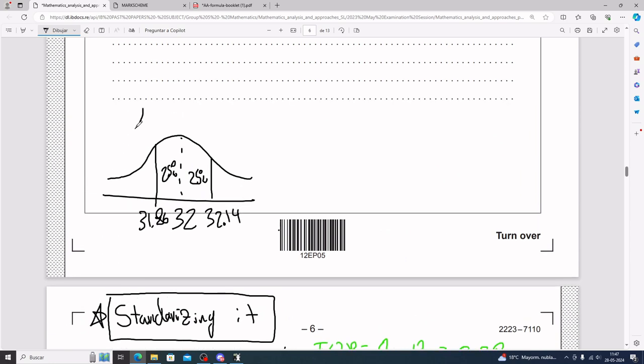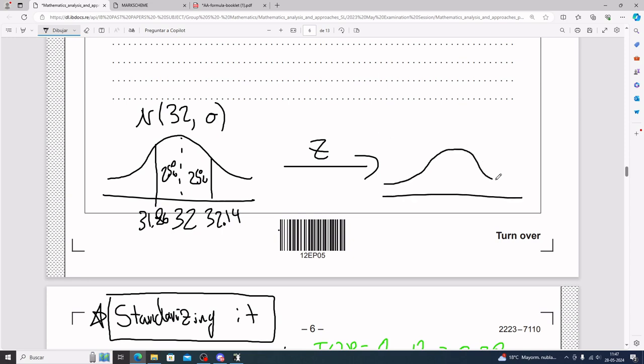This is a normal distribution with a mean of 32 and some standard deviation. And technically, if you standardize this, and this is the cool thing about standardizing, once you standardize, you end up with a normal distribution that has a mean of 0 and a standard deviation of 1.